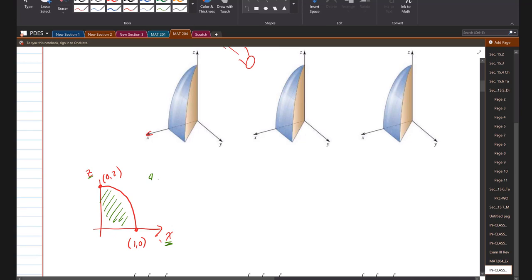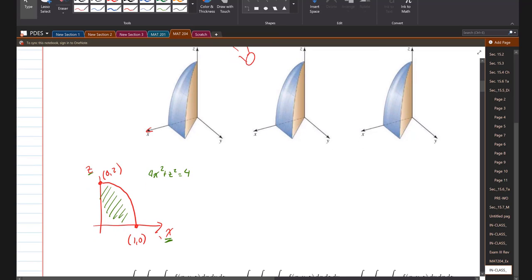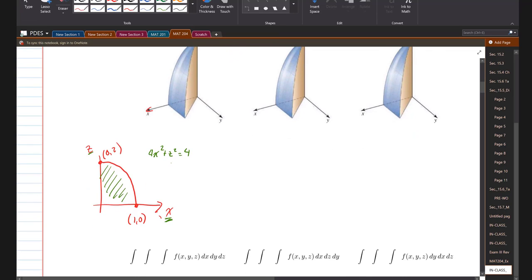elliptical cylinder. It was 4x squared plus z squared equals 4, and we'll solve this for both x and z. So if I solve this for z, I get z squared is equal to 4 minus 4x squared, or z is equal to plus or minus initially, but we just want the positive value, so I'll just put the positive root there. 4 minus 4x squared, or if you like, you could factor out a 2 from that radical.